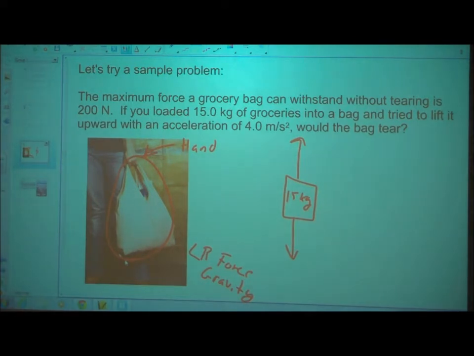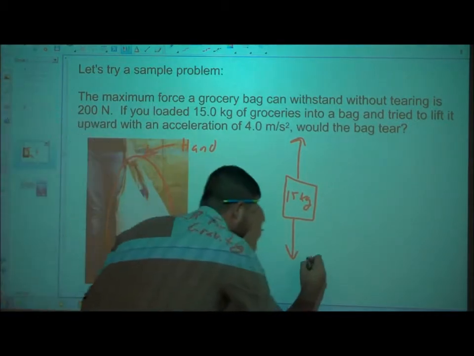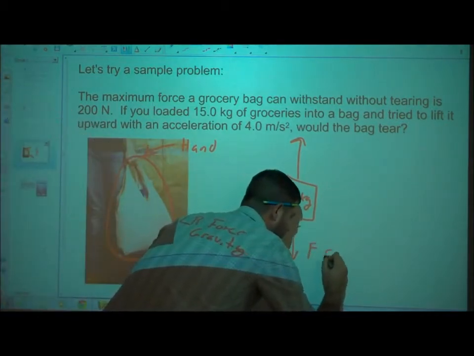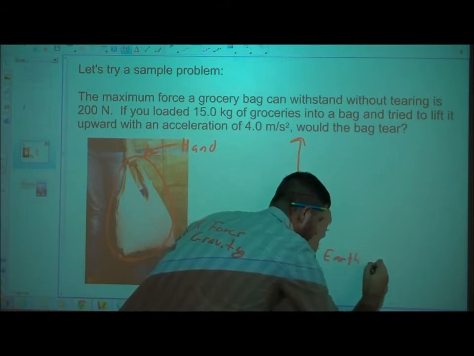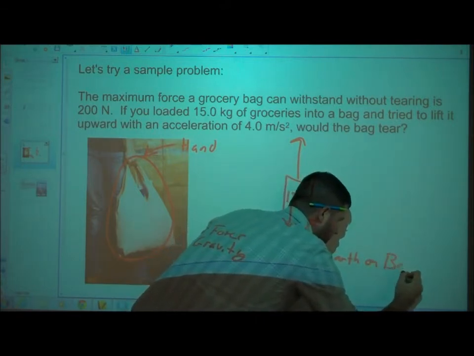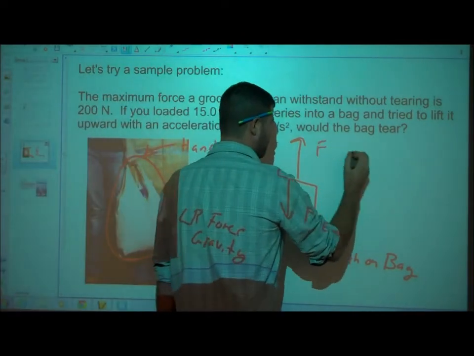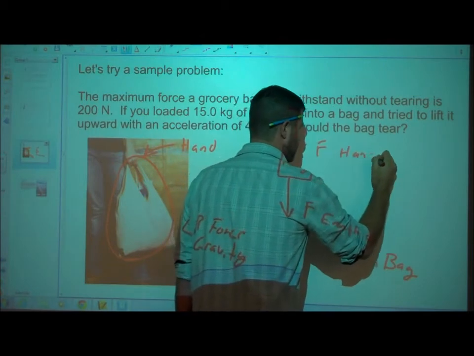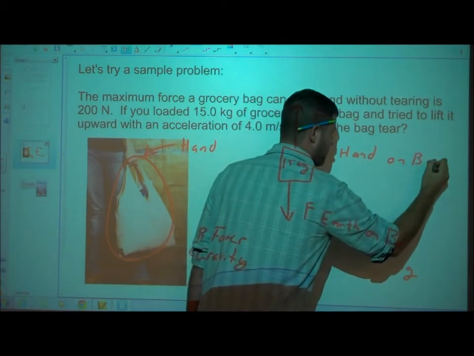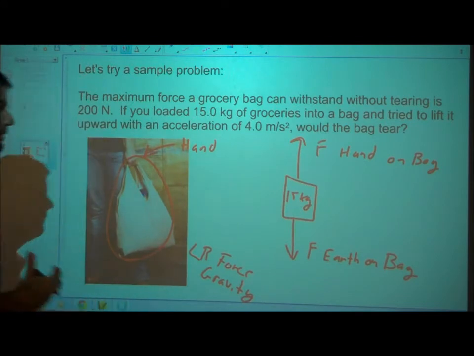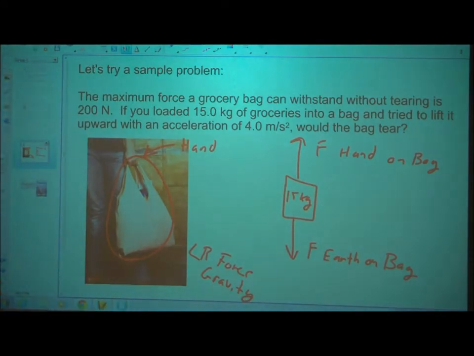Let's label the downward force, force of Earth on bag, and the upward force, force of hand on bag. So looking at the interactions we have, those are the two forces here: the upward force, the force of hand on bag, and the downward force, the force of Earth on bag.